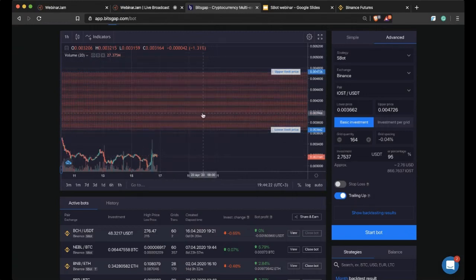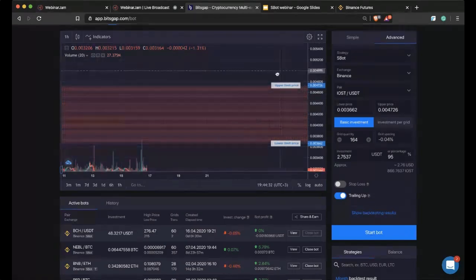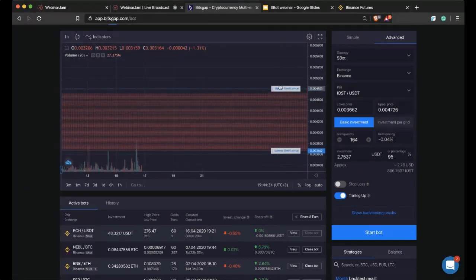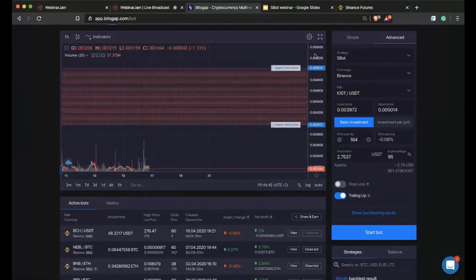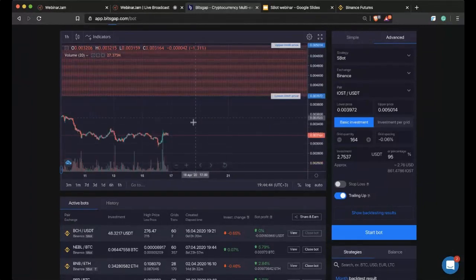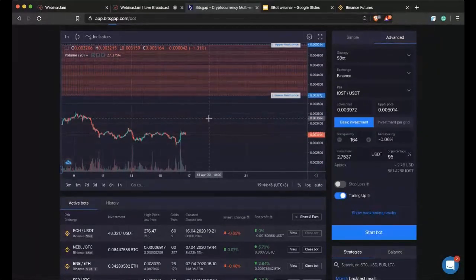But if after a drop down the price goes upwards again and takes a new higher high, your trading range is going to follow the price again. If it goes down, it will stay in this zone. So it only goes together with the price if it goes upwards.